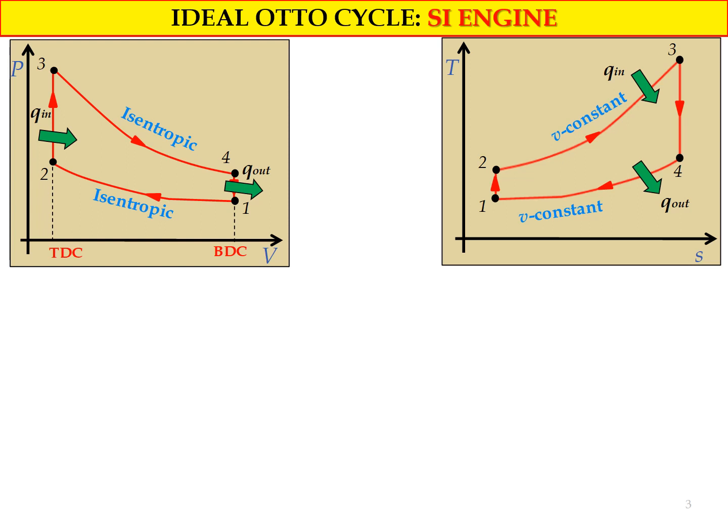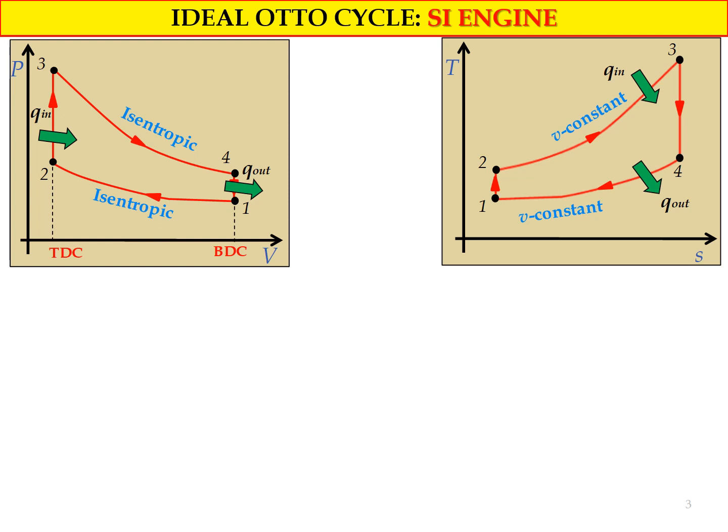For process number 2, from state number 2 to state number 3, if you look again at the PV diagram, during the process we have a drastic increase of pressure from P2 to P3, which is due to the heat addition process represented by Q. During the process the volume is constant, maintained at TDC.